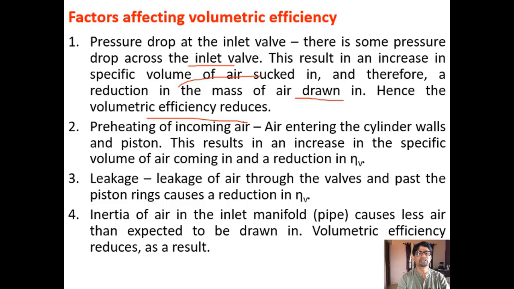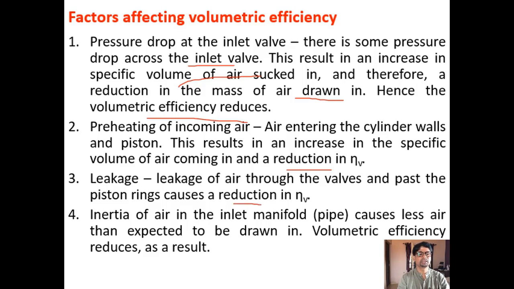Then preheating of incoming air, that is air entering the cylinder valves and the piston. This results in an increase in the specific volume of incoming air and reduction in volumetric efficiency. Leakage of air through the valves and past the piston rings causes a reduction in volumetric efficiency. So if there is leakage through the valves and through the passage between the piston rings and the cylinder, this also causes reduction in the volumetric efficiency.